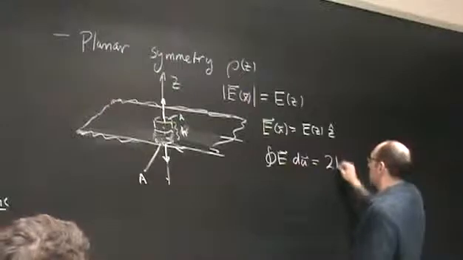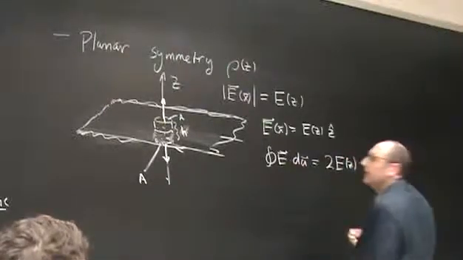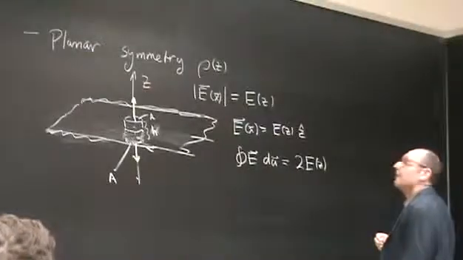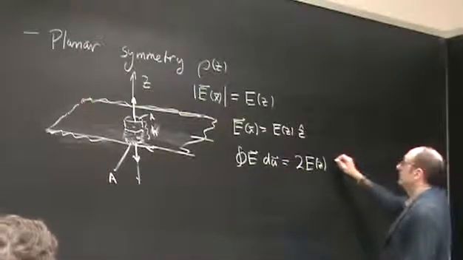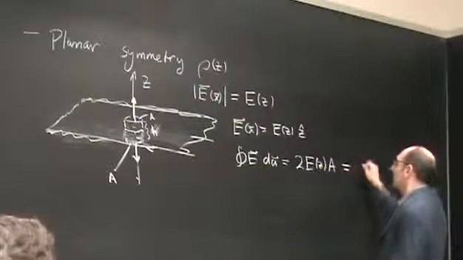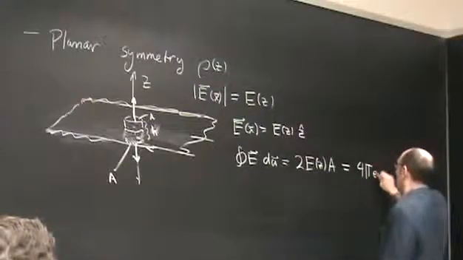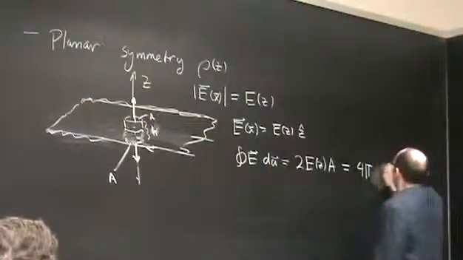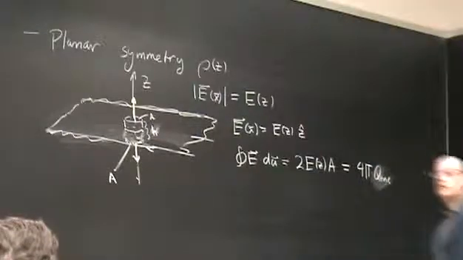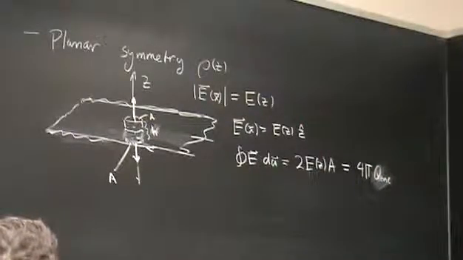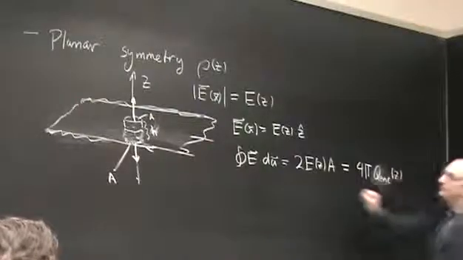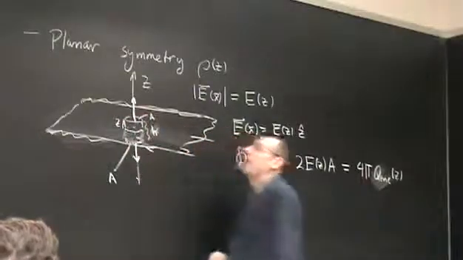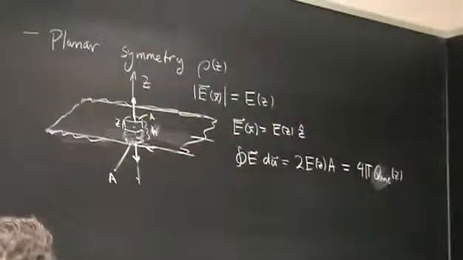So this is 2 times the electric field at that distance, times the area, equal to 4 pi times the enclosed charge at that distance z, if I'm a distance z above the height of the plane. Okay?